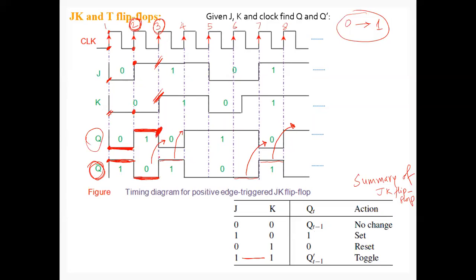What is the previous state of Q prime? Low. Previous state of Q is high, previous state of Q prime is low. That's why this low goes in here. Do you see that? Toggle, see? This goes in here. It toggled.